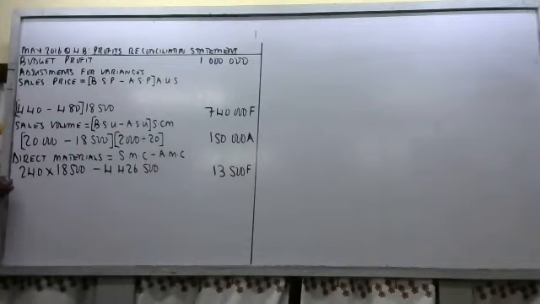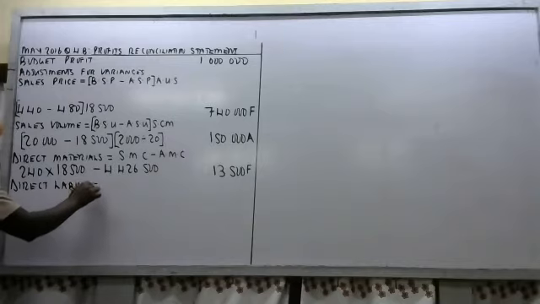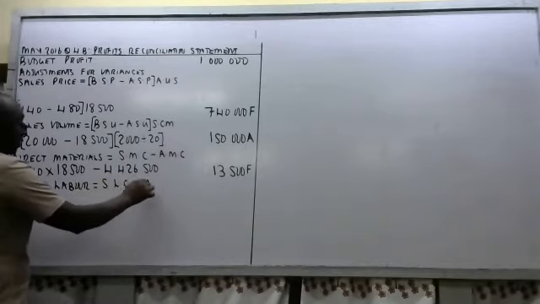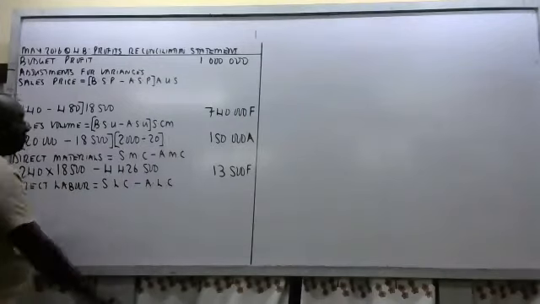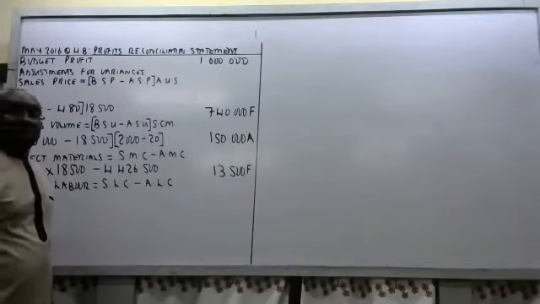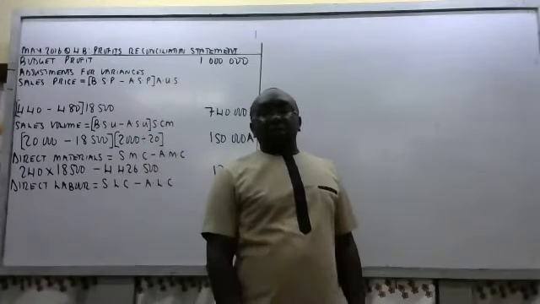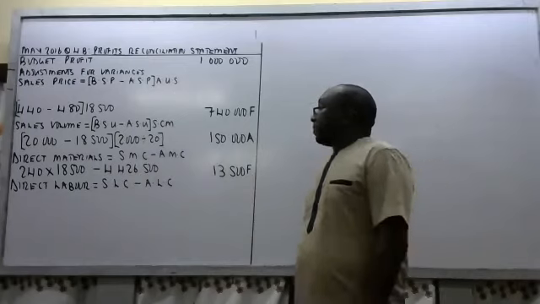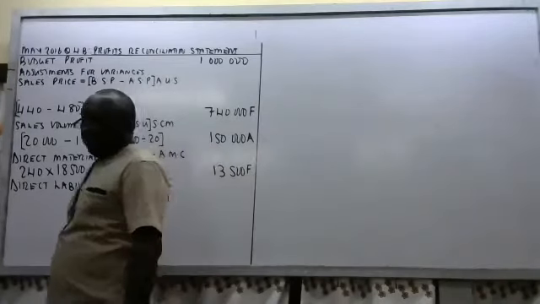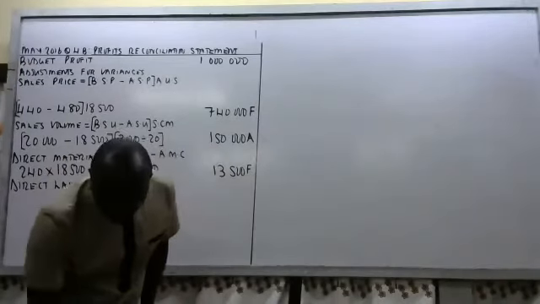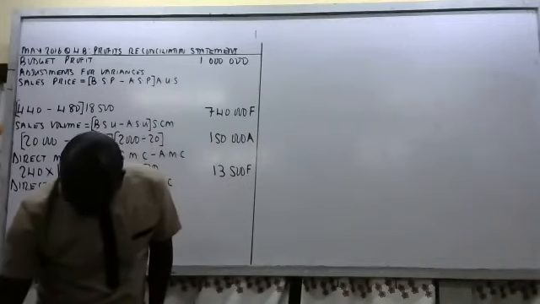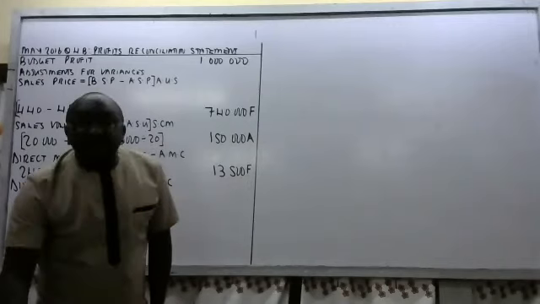Next is direct labor. Direct labor is standard labor cost minus actual labor costs. So again, if you run to where the budget is, you will find 70.